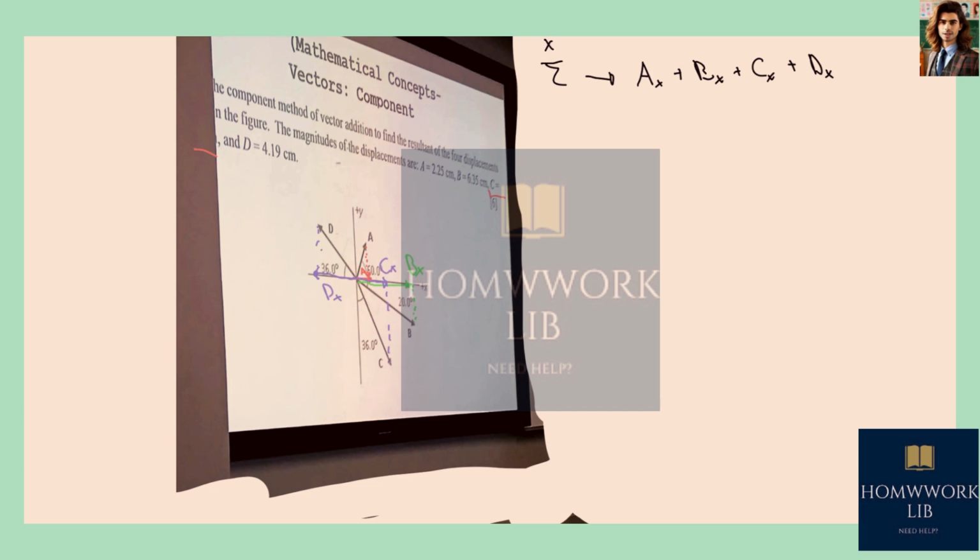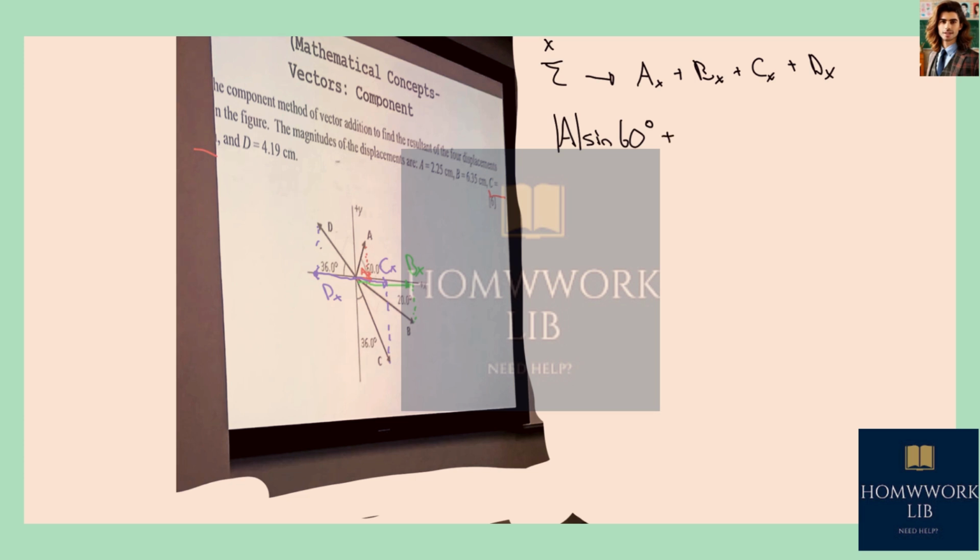For the case of A, the angle that is employed is the one over here. Thus, the function that we need to apply is going to be the sine function. This is going to be the opposite cathetus of the right triangle generated by this vector over here. So, in the case of A, we're going to get magnitude of A times the sine of 60 degrees.